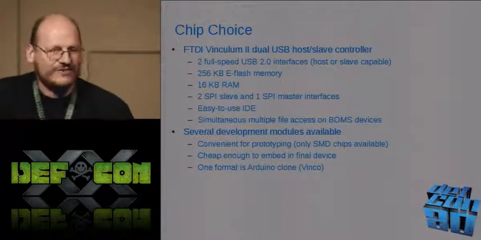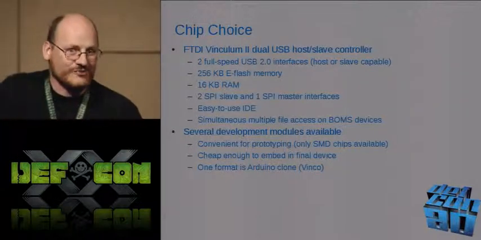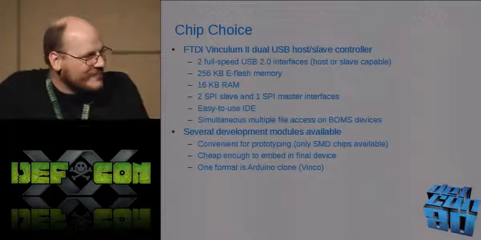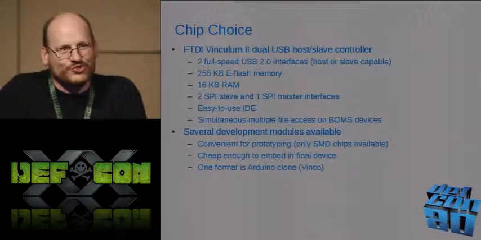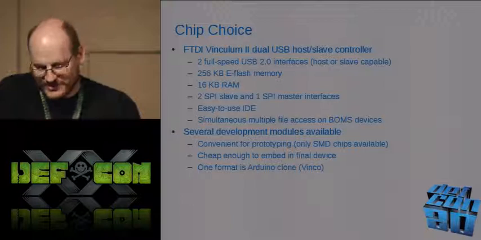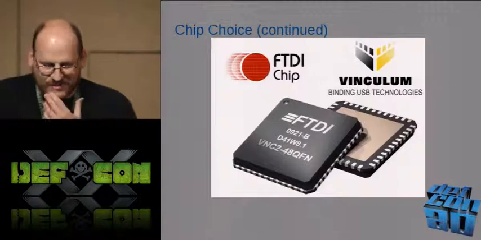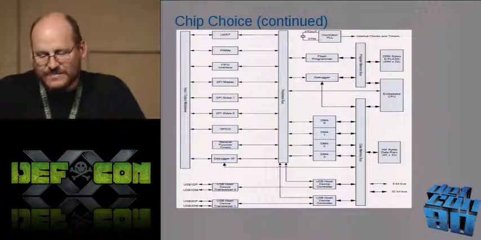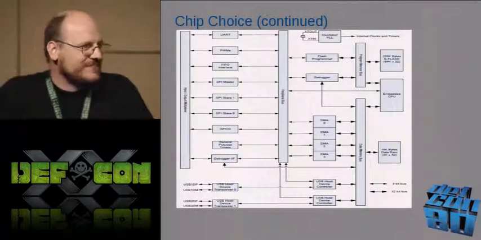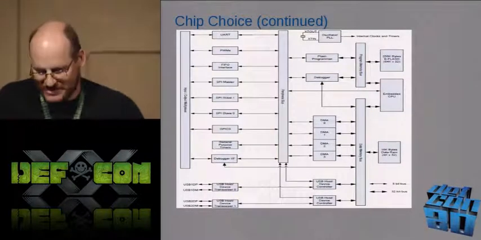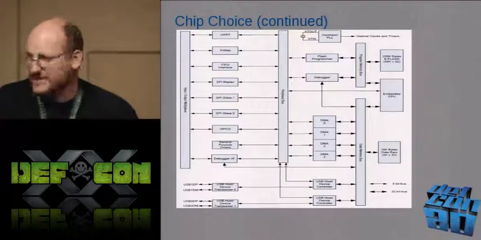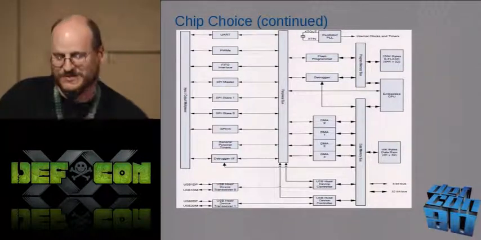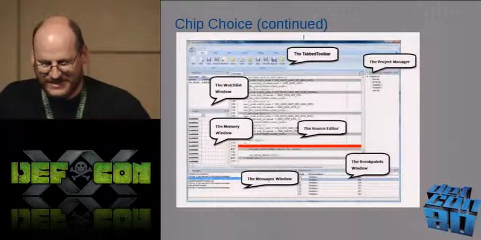They also have yet another Arduino clone they call the Vinco. It's got the Arduino format, sort of, with an extra row of pins that you can use. So they come in these surface mount packages. Here's a basic block diagram of the chip, which I'm sure you guys can't read anyway, but it's in the slides on the DVD.